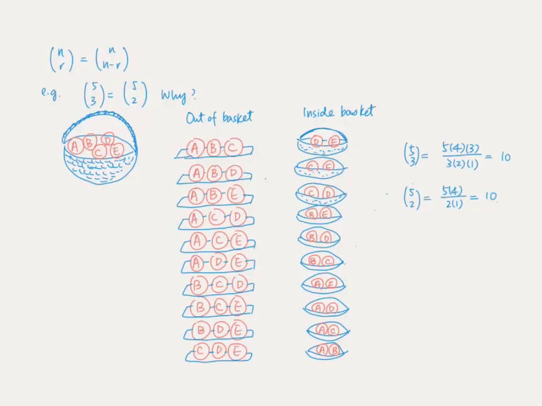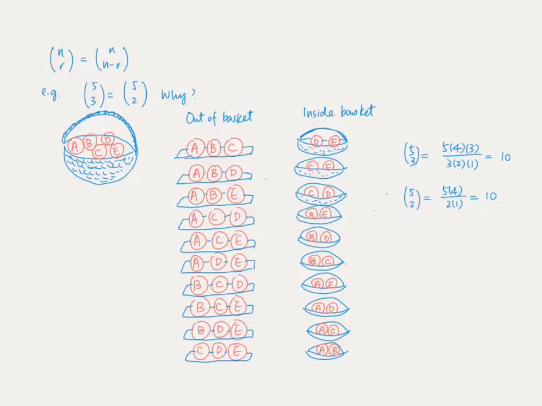Obviously, the number of ways of picking 3 items out from the basket equals the number of ways of having 2 items remaining in the basket. Therefore, the number of ways of choosing 3 items from 5 items to put outside the basket is the same as the number of ways of choosing 2 items from 5 items to stay in the basket.